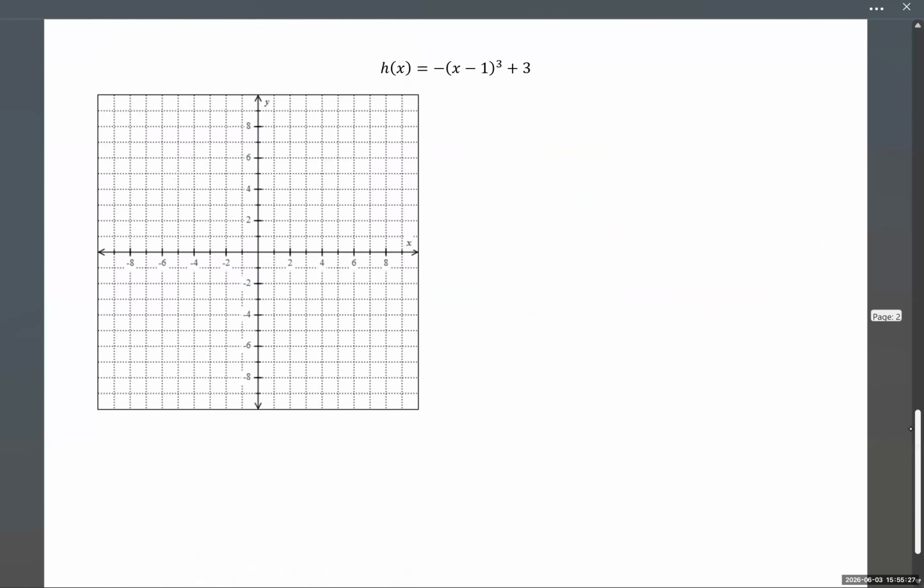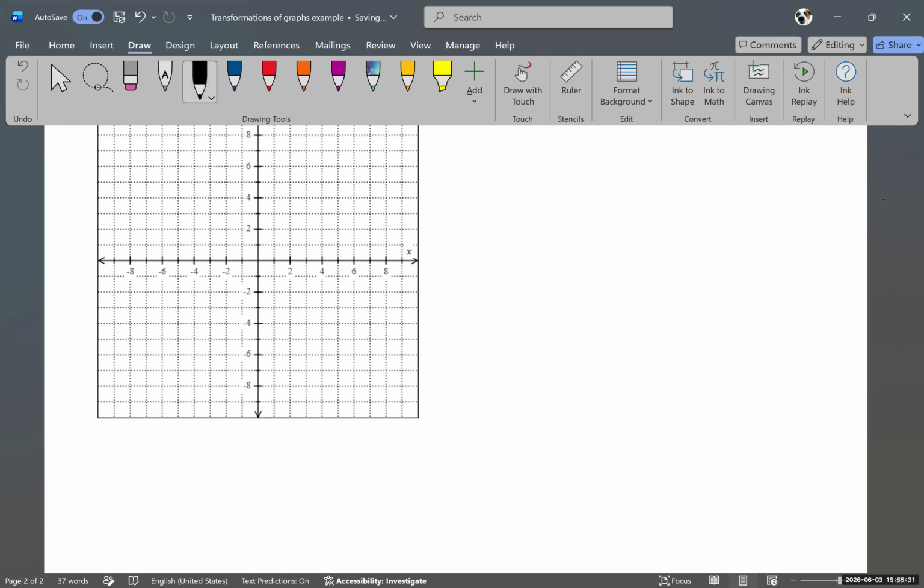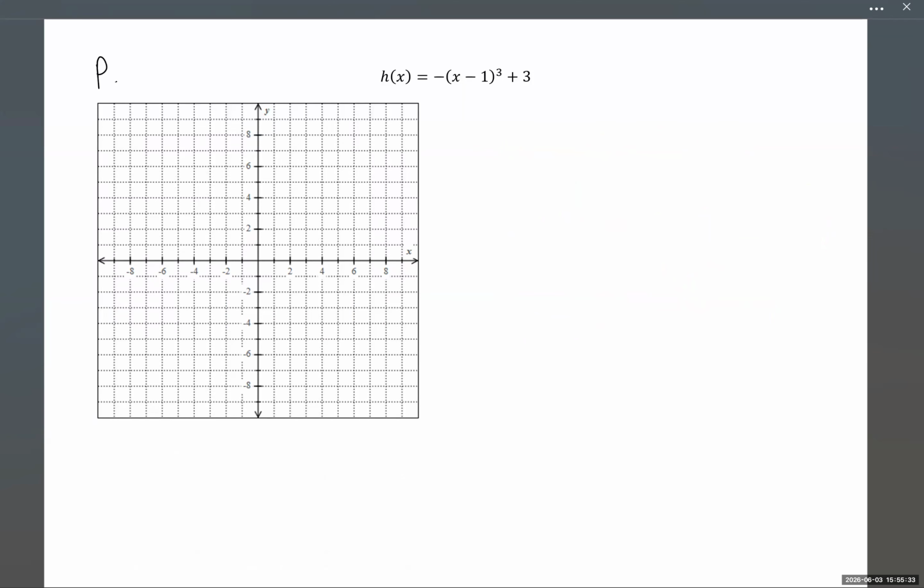One more. So this last one, it's a cubic function. So y equals x cubed. We'll go ahead and get this one plotted.